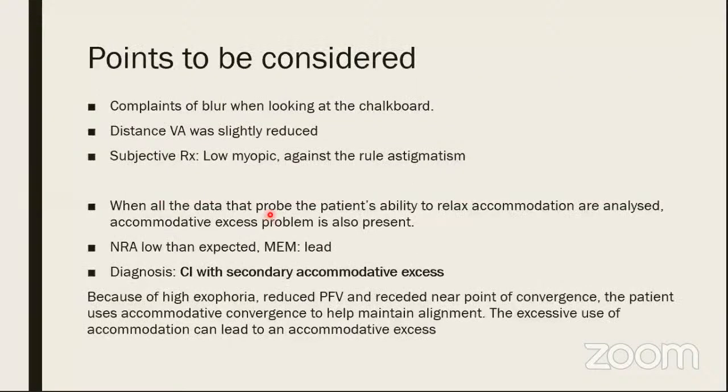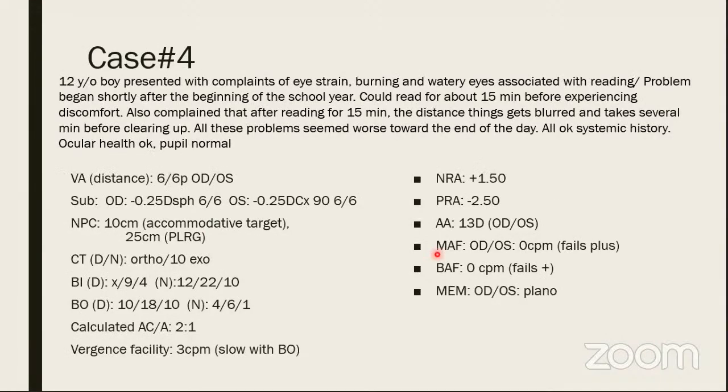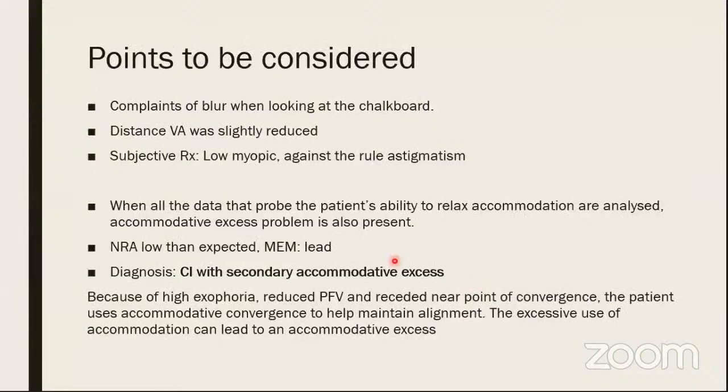Okay, so when all the data that probe the patient's ability to relax accommodation are analyzed, accommodative excess is also present here. So although yes, the patient is a case of convergence insufficiency, the symptoms and the tests, MEF and BAF, are also poor.